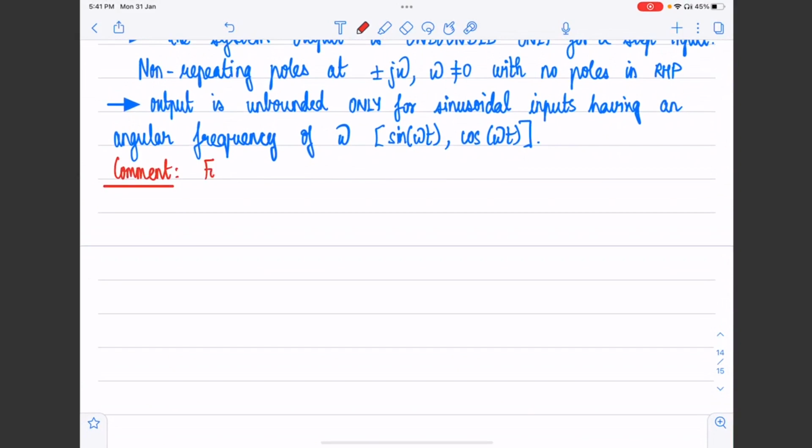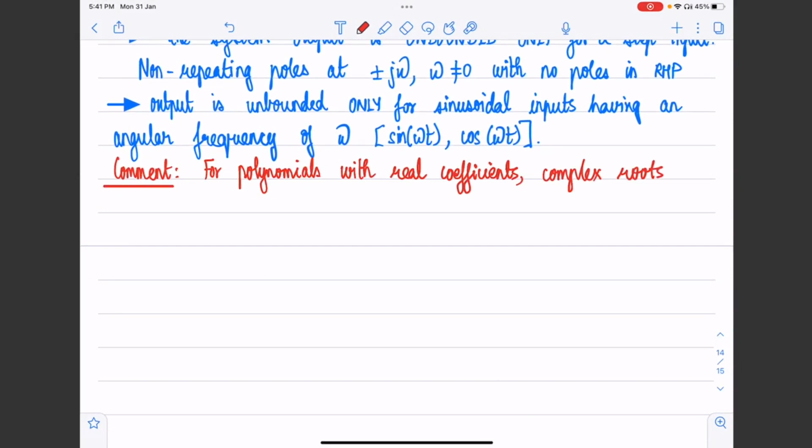This is very important for us to remember. I'm sure all of us would have learned it; I'm only reiterating these results. For polynomials with real coefficients, complex roots, if they exist, exist as conjugate pairs.